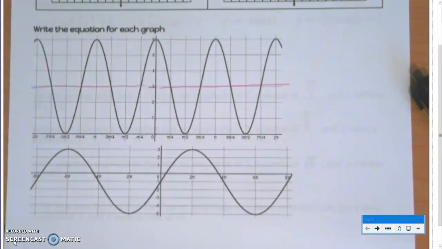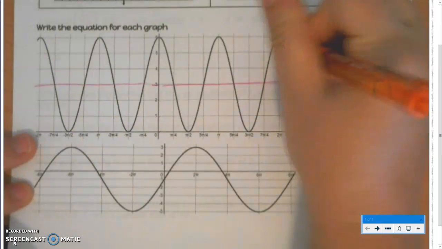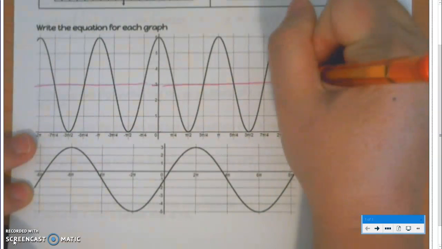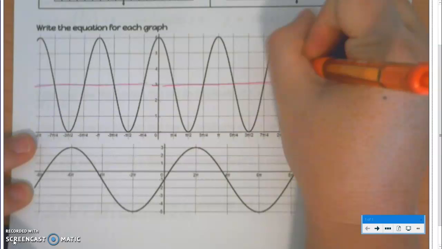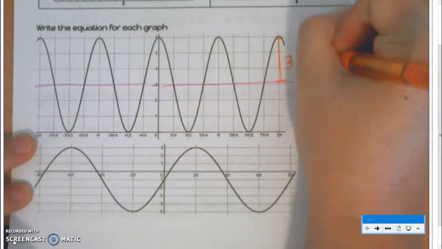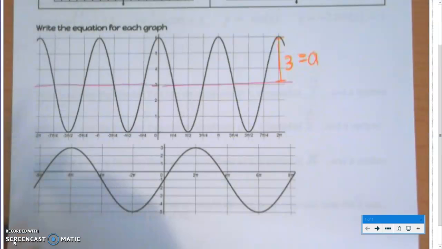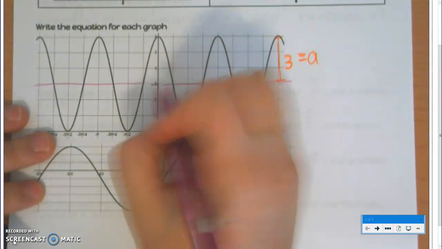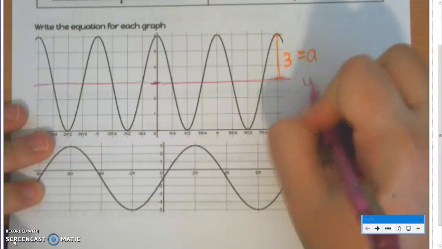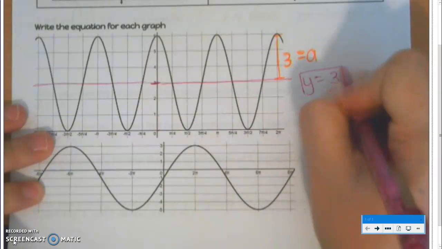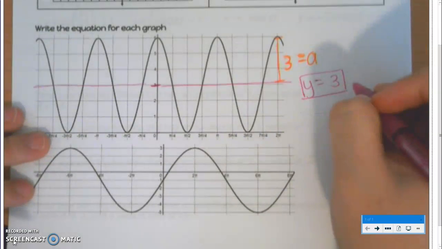Count down and count up and make sure that that is the same number. That's how you can tell it's the middle. So since that's 3, that is my amplitude. Since the middle of the graph is here at 3, that's my midline. y equals 3. It's important that you write it as y equals.